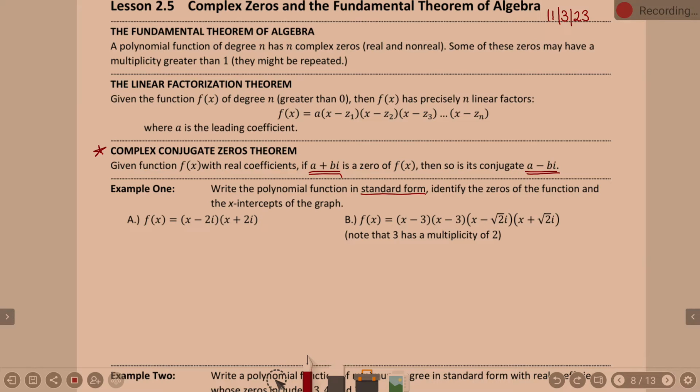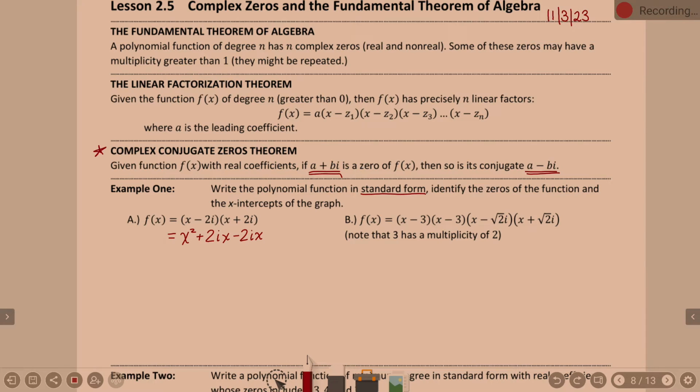So if we FOIL this out, x times x is x squared. x times 2i is 2ix. Minus 2i times x is minus 2ix.